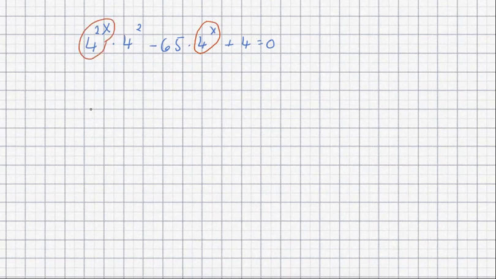Now 4 by the power of 2x is actually 4 by the power of x squared, because we can multiply them. Right, so that's what I was thinking of before. So you're right. And now we can say that 4 to the power of x is t. And then 4 by the power of... Hold on one second.